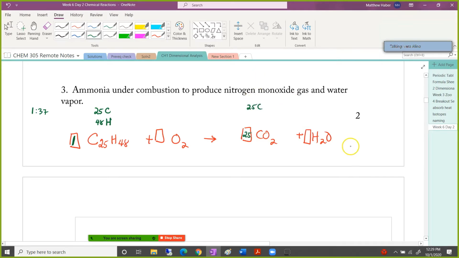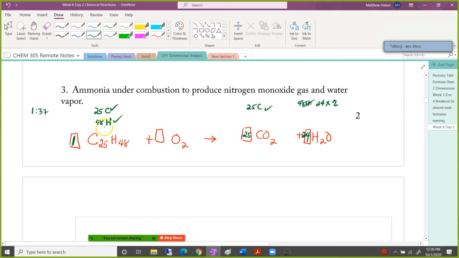Now if you look at hydrogen, the only source of hydrogen on the right side of the equation is water. In order to match it with 48, I need the coefficient 24. 24 times 2 will give me 48 hydrogen atoms. Now it seems to be balanced.